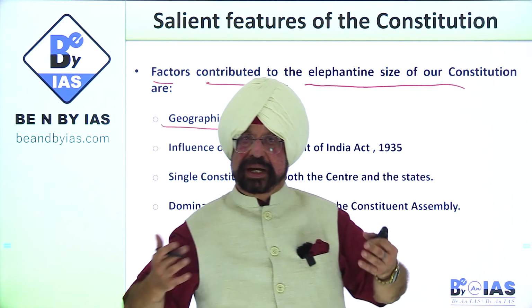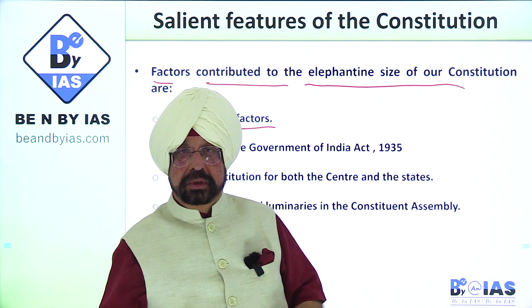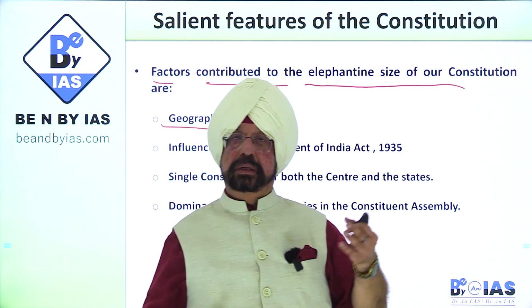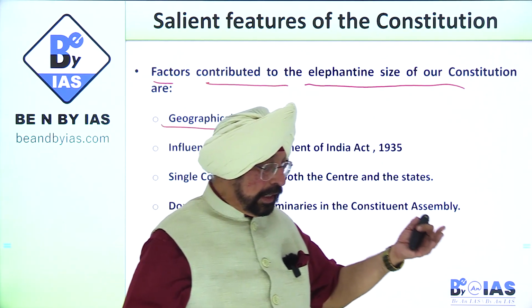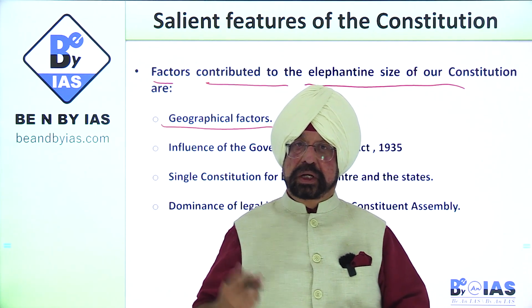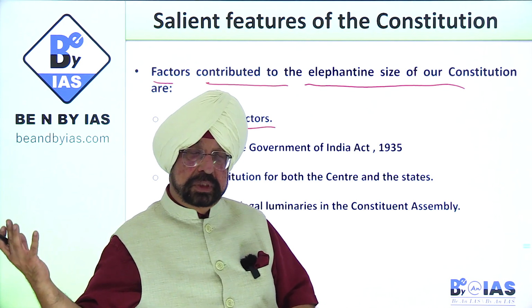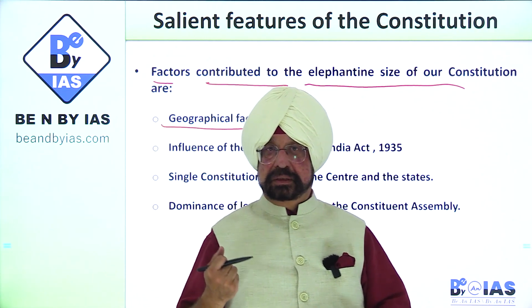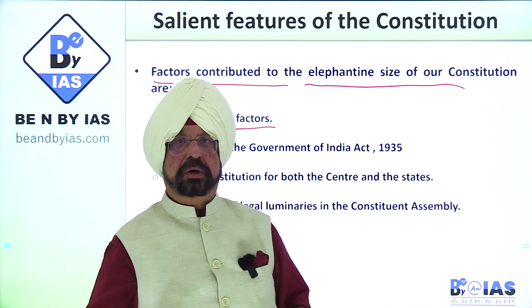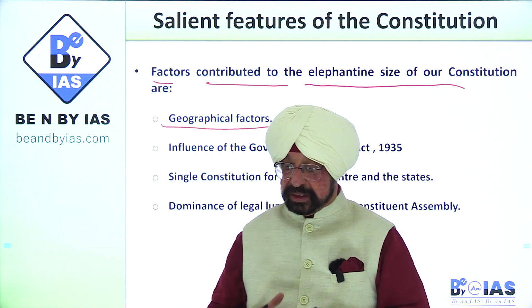Even the racial characters are different. We find in the south we have the Dravidian race, we have in the northeast the Mongolian race, we have in the north the Aryan race, and other mixtures, other blends of various races.